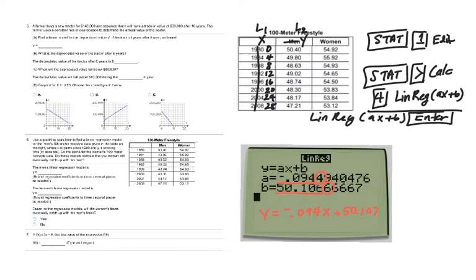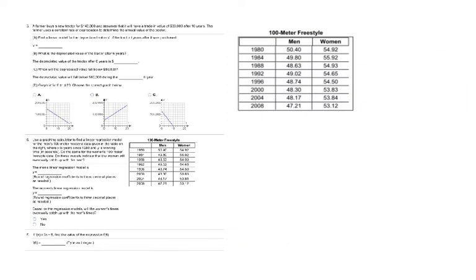Okay, let's look at the women's. In this case, for the women's, we'll be looking at the third column here. And this will be listed under L sub 2, and we'll have the same X value listed under L sub 1. So we'll have 0, 4, 8, 12, 16, 20, 24, and 28.